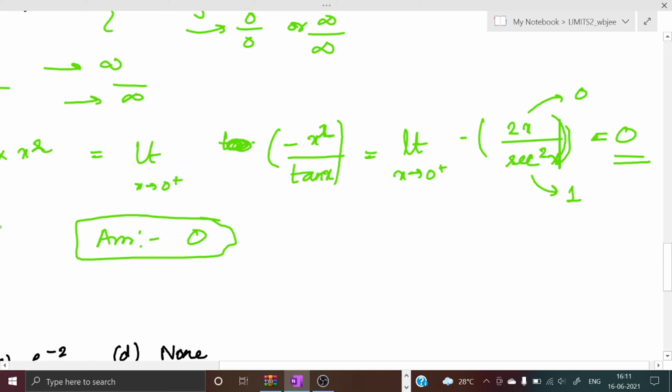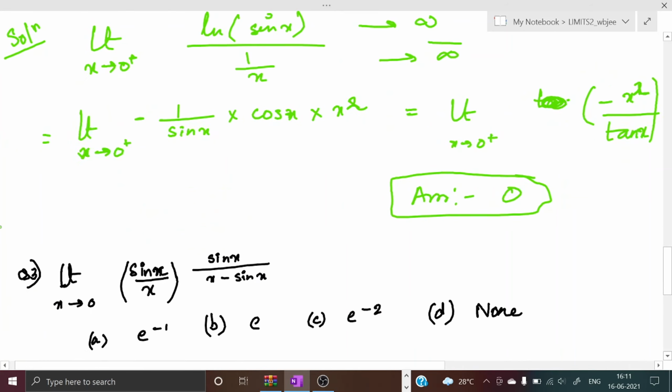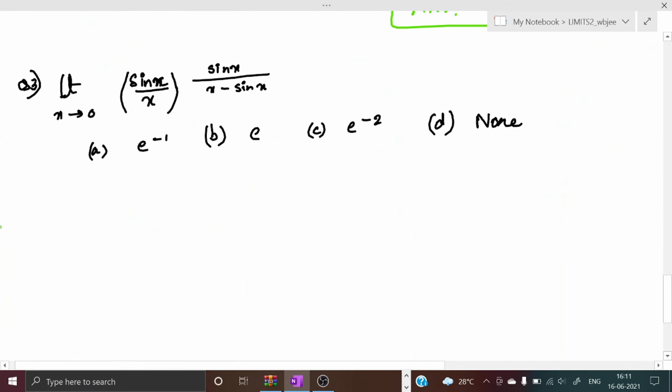Okay. Good. Now next question. This question is a very good question. First we see what is the indeterminate form that the limit is approaching.